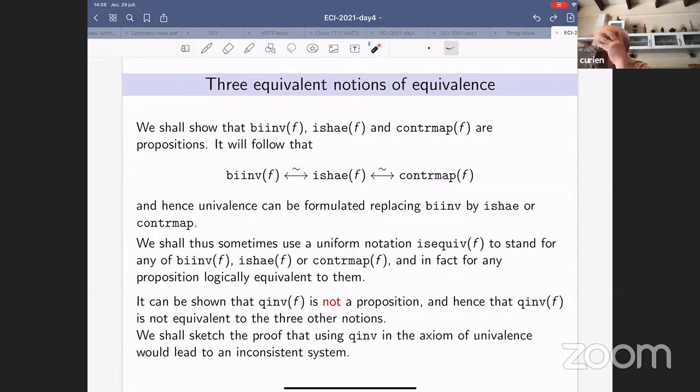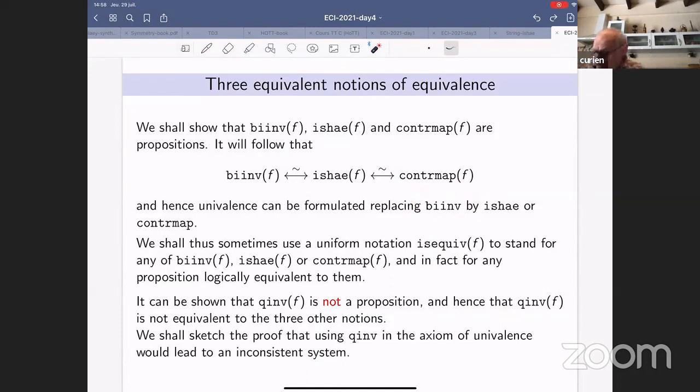So univalence, I formulated it with the bi-inv because bi-inv is by far the simplest. It's simpler to formulate than is half equivalence because you don't need any coherence, and it's simpler to formulate than contr map, which needs a notion of fiber, which is already a bit advanced. So it's pedagogically tempting to use bi-inv, okay?